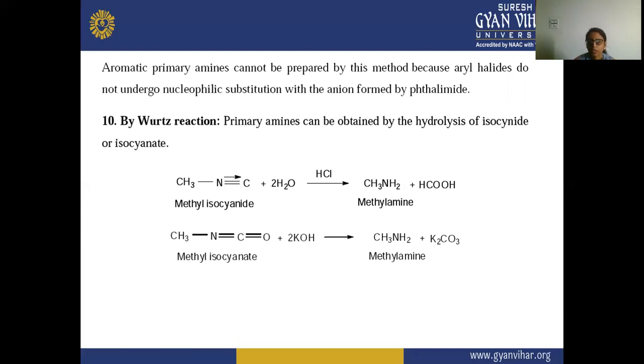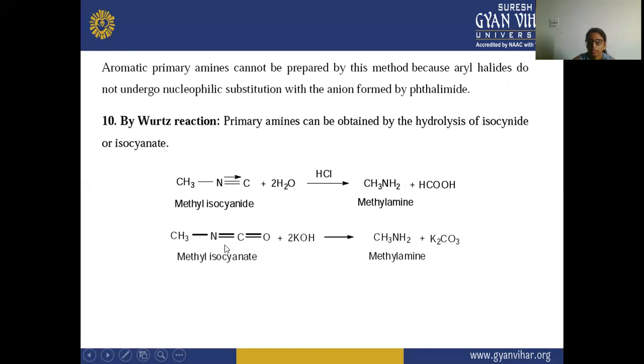Next, with methyl isocyanate, this reaction happens in the presence of potassium hydroxide. The potassium hydroxide reacts with methyl isocyanate, and there is a formation of methyl amine plus potassium carbonate. Here you can see potassium hydroxide reacting with it, and H2O plus K2CO3 is formed.